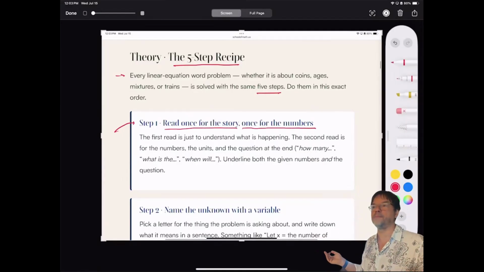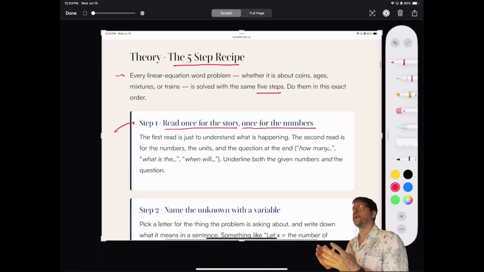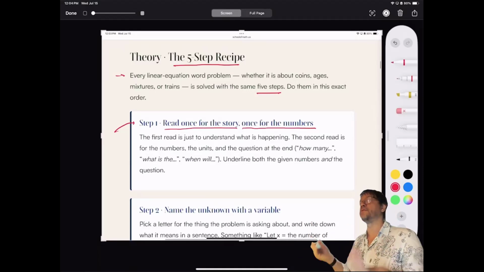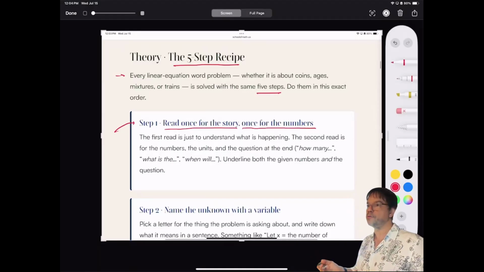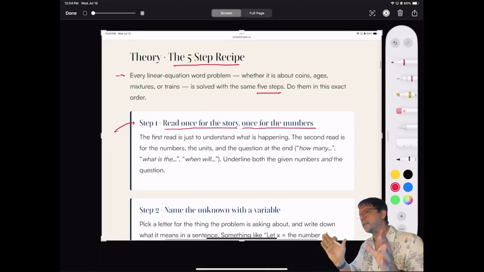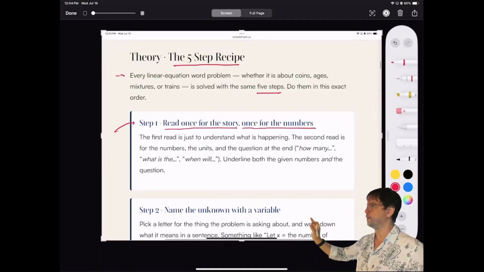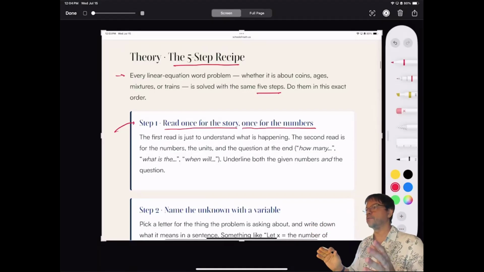You don't have time to read twice. But when you are building your foundation for algebra, it's better to read the words to attack the numbers, to make the numbers, the operations, the constants, the variables more evident to you.